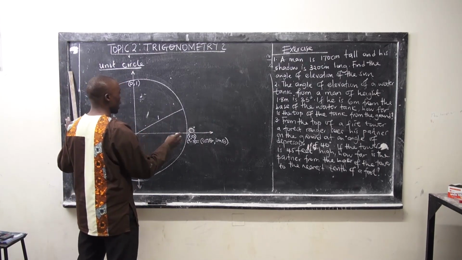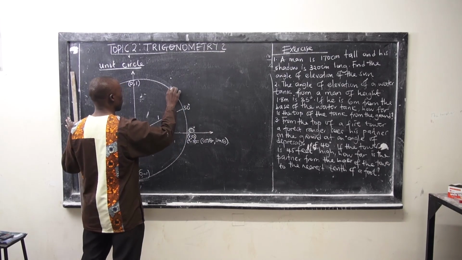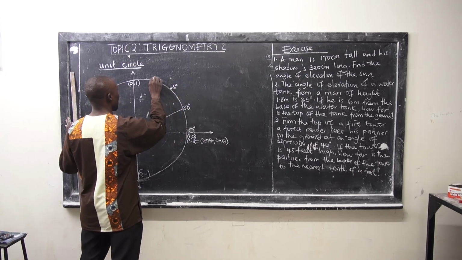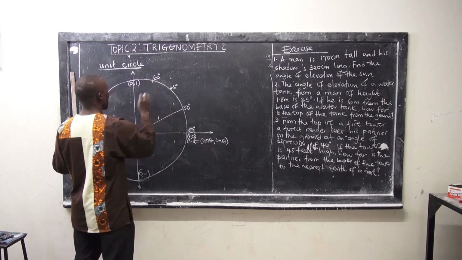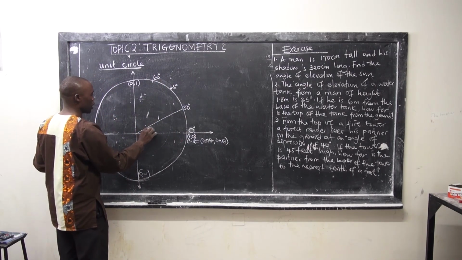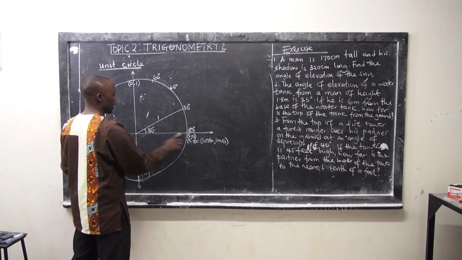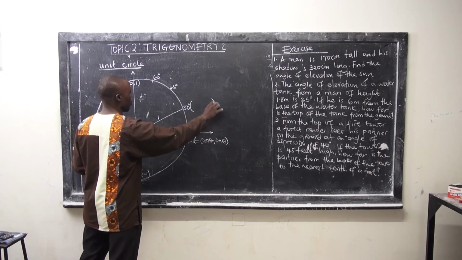Let's fill in those coordinates. Let me use the angles with the exact ratios such as 30 degrees, 45 degrees, and 60 degrees. If this angle is 30 degrees, punching in cos of 30 and sine of 30, we can get this value here.